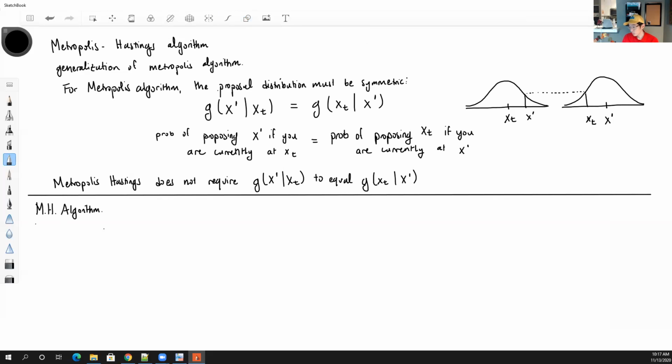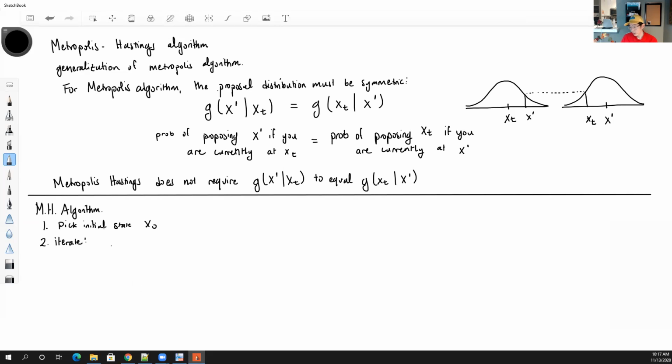Okay, number one, pick an initial state, X0. Okay, and then number two, iterate.